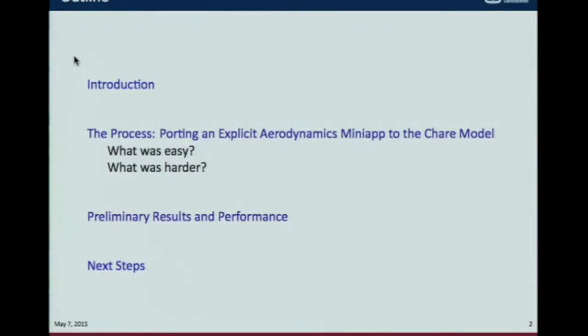This is partially feedback to the Charm community as to what it looks like for us to pick up the Charm runtime for 3 months, port this miniature application to it, and what are the kinds of patterns that emerge. Then I'll have a little bit of performance results just to show that we actually did it and talk about what's next.